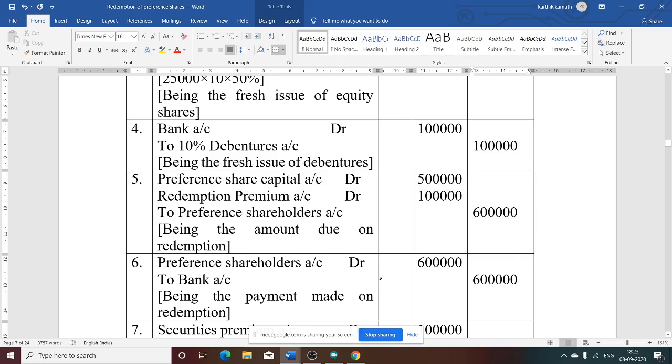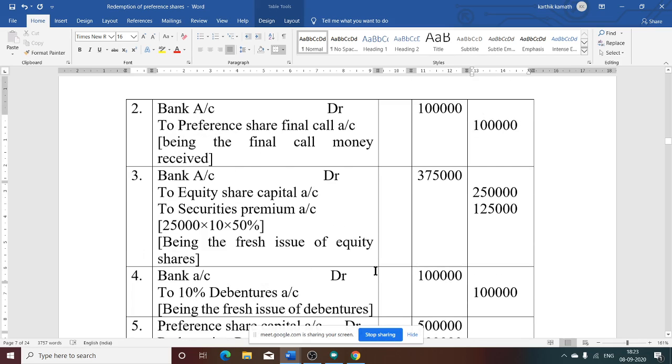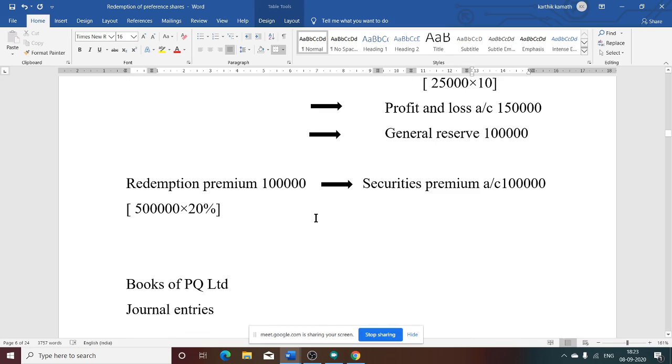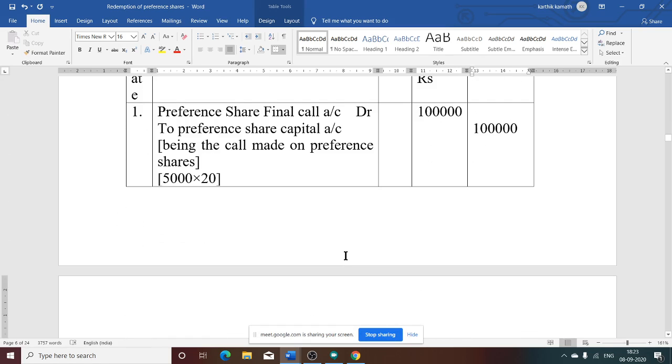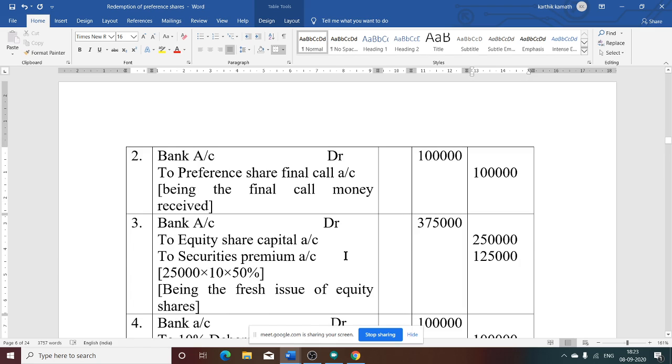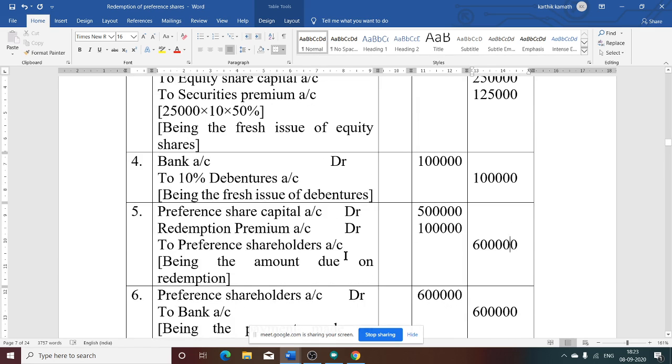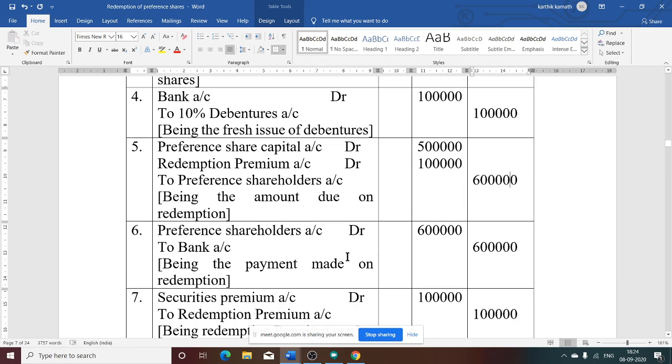Now, after this, redemption premium. There is redemption premium in the question. What is the redemption premium? If you see, 1 lakh is the redemption premium. So this 1 lakh also needs to be settled by using the security premium account. So one entry you need to pass, that is security premium account debit to redemption premium.